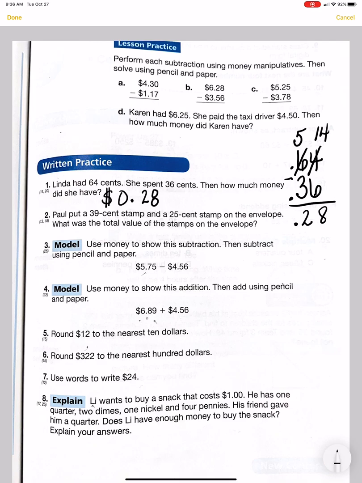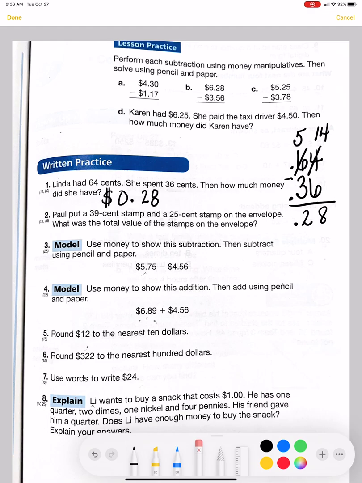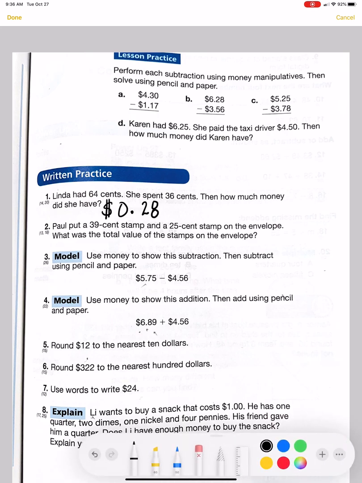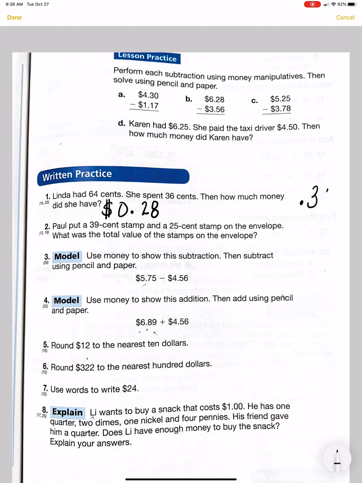Okay, Paul put a 39-cent stamp and a 25-cent stamp on an envelope. What's the total value of stamps? All right, I'm going to erase. Remember, this is a video. You can pause, rewind, and do anything you need. So I'm going to erase this, and I'm going to write 39 cents and 25 cents, and I need to find the total.